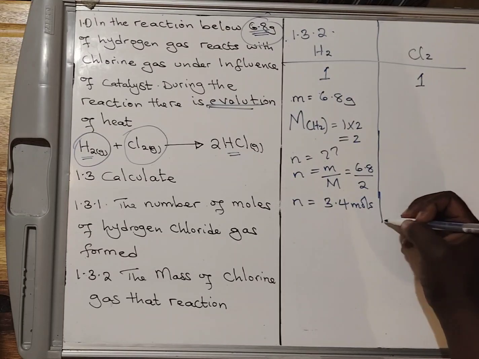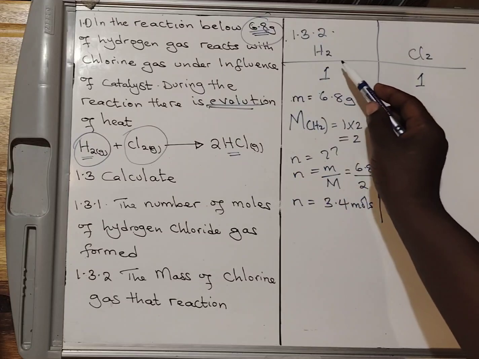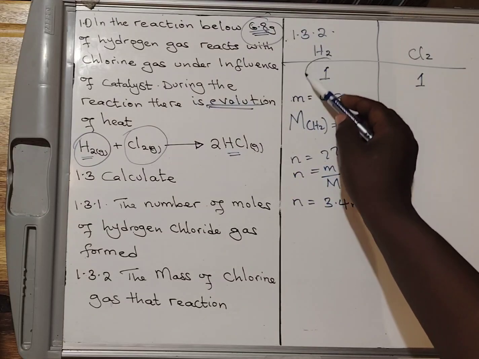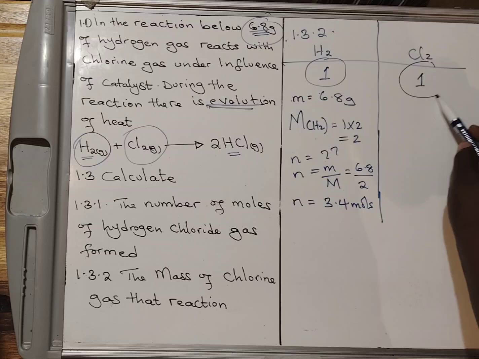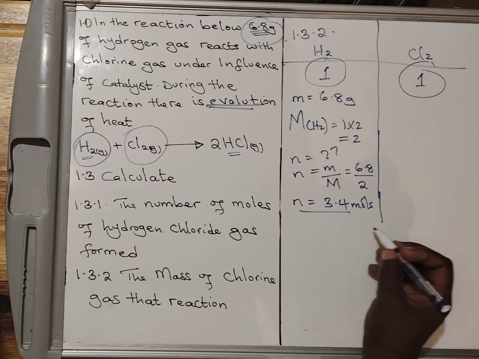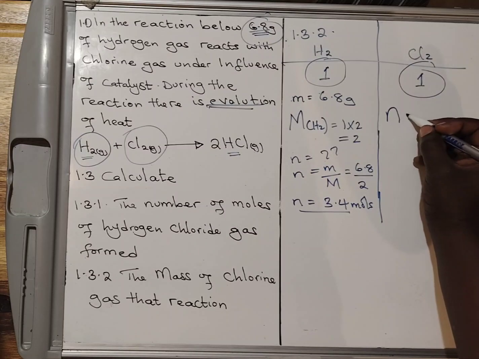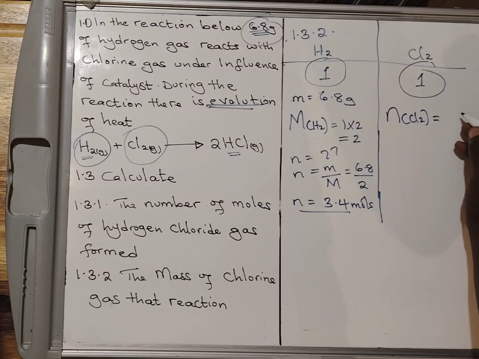So after that, what do we do? You have to remember that the mole ratio is 1 to 1, which means that whatever number of moles you have here is the same number of moles you have this side. So the number of moles of our chlorine gas is 3.4 moles.